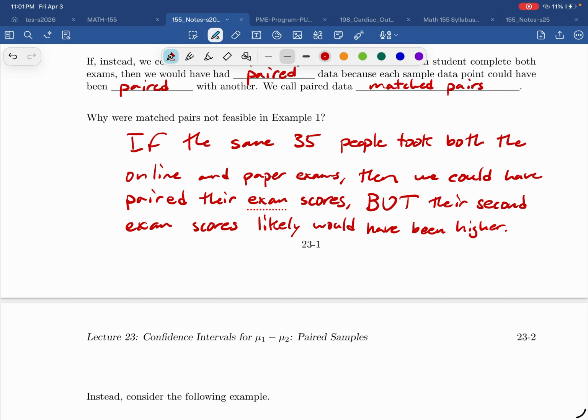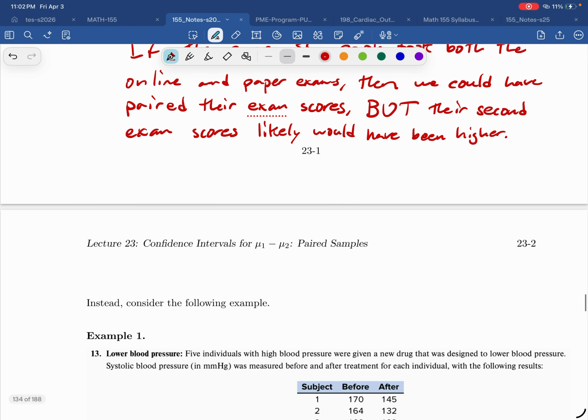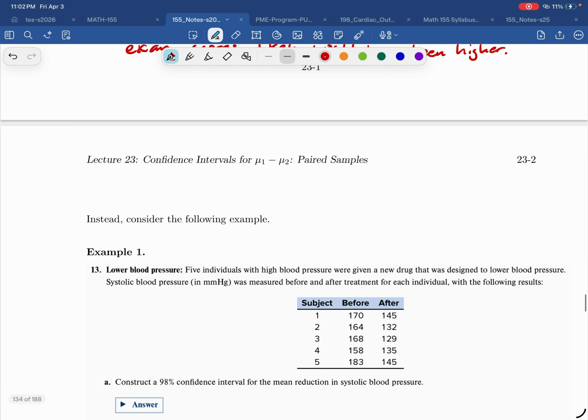Regardless of whether they took paper first or online first, whatever they took second, they probably would have done better. So if we really wanted to see how students did on online versus paper exams, we shouldn't prep them by having them take one exam and then taking it again with a different medium. So we did need to use independent samples for that.